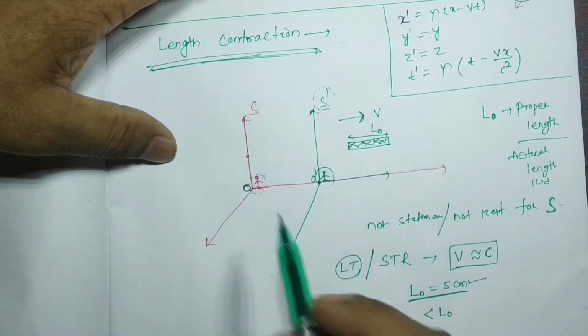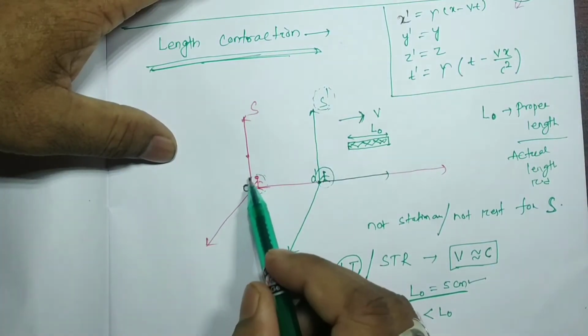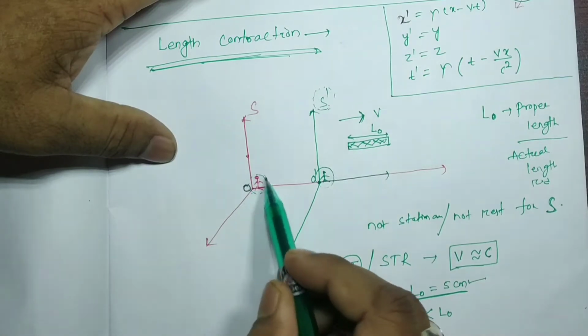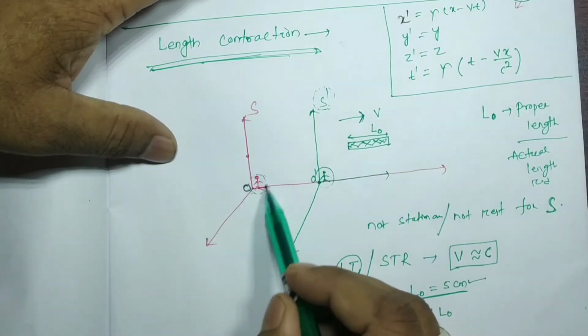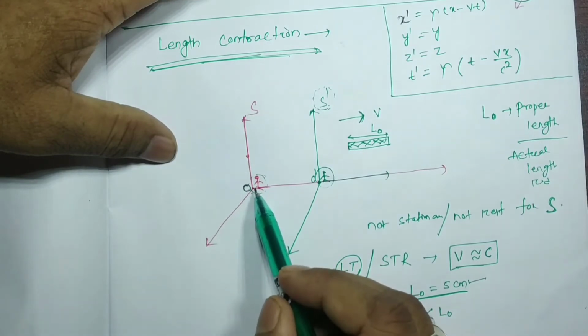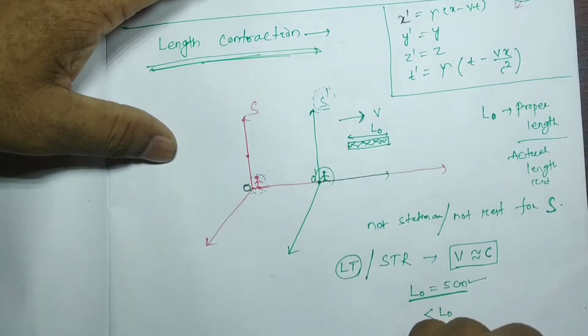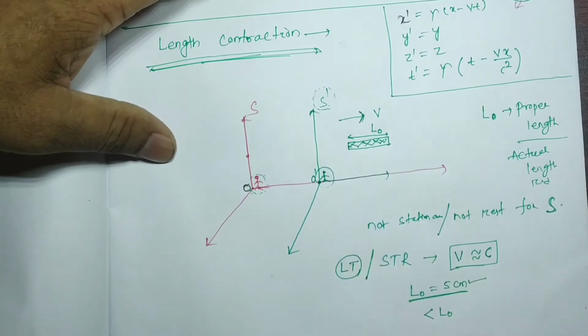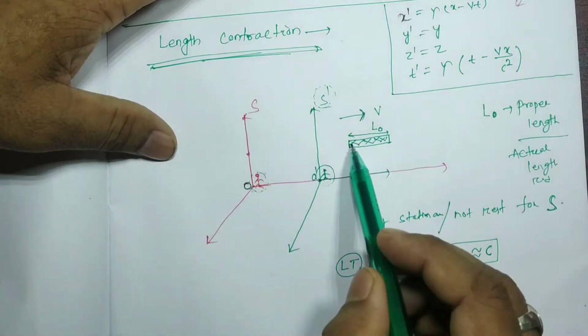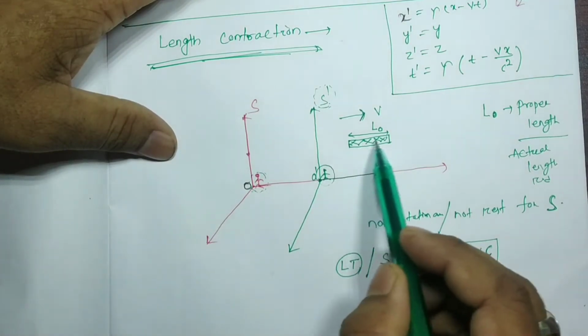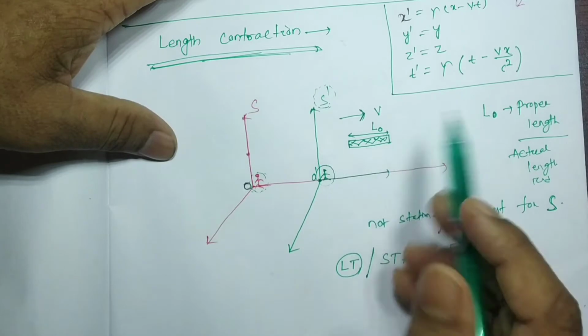That means the observer in the frame of reference S, who is sitting here, is going to perceive that the length of this rod is contracted.